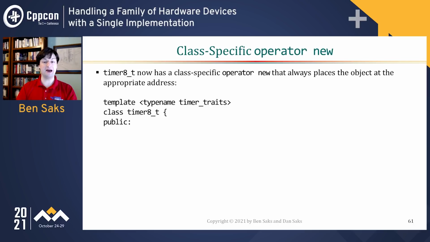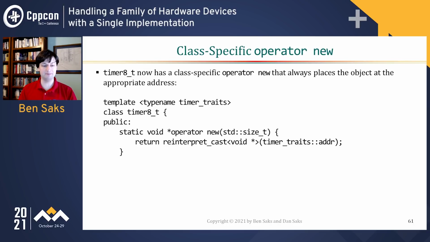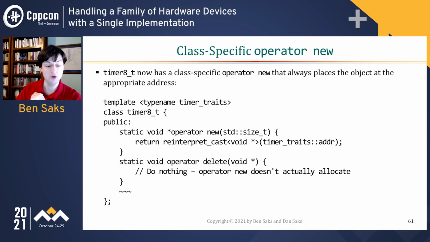Usually, it's pulling that memory from some shared resource like the heap. But in this case, there's only one valid place for each timer 8t type to be created, the address where it belongs. So we can use operator new and simply have it always return the same location, the location where things of this type are supposed to go. Since we have an operator new, we should write an operator delete as well.